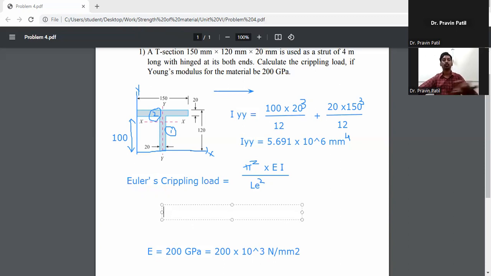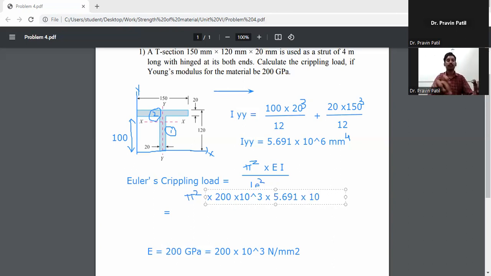Put all these values here: pi square into E, which is 200 into 10 raised to the power 3 Newton per mm square. Then I is 5.691 into 10 raised to the power 6 mm 4, divided by LE square.